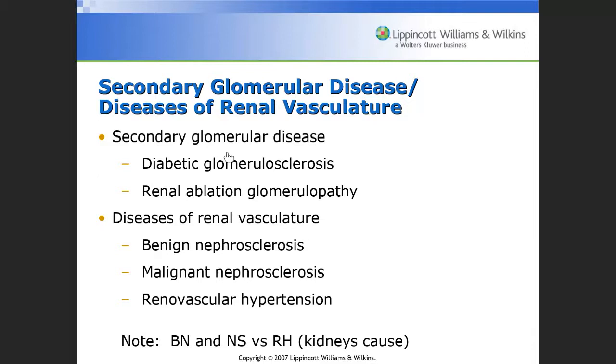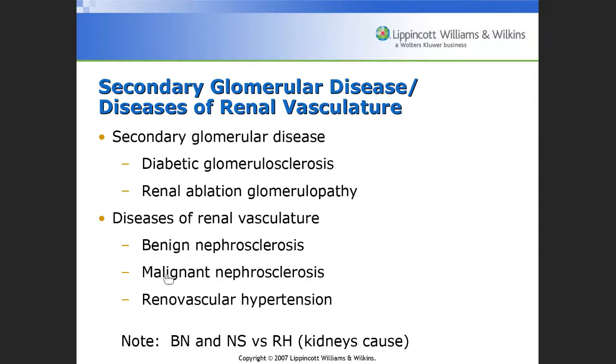Other causes of secondary glomerular disease is renal ablation glomerulopathy, that means you are slowly losing the renal function over time. Other causes of renal failure are usually considered as disease of renal vasculature.